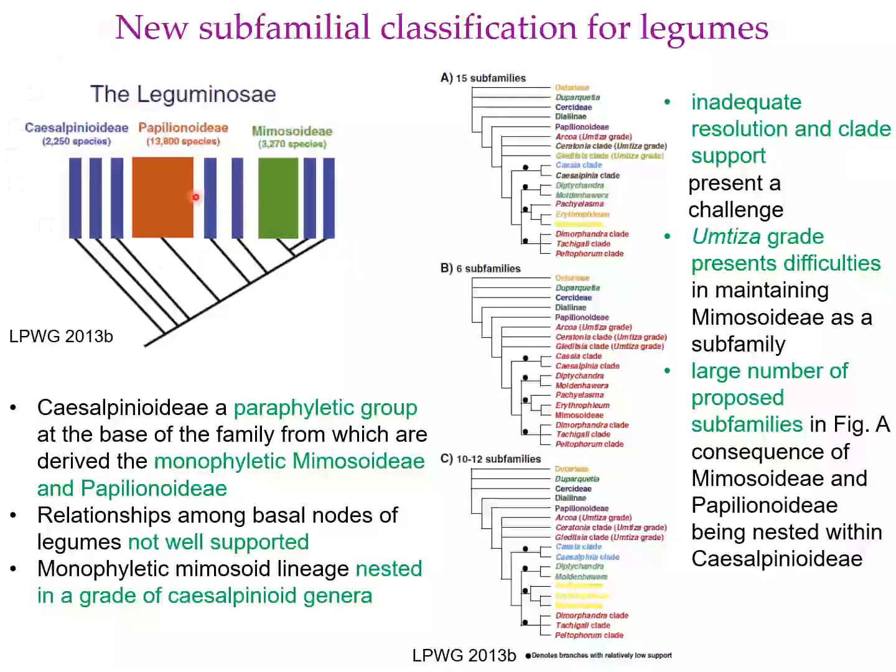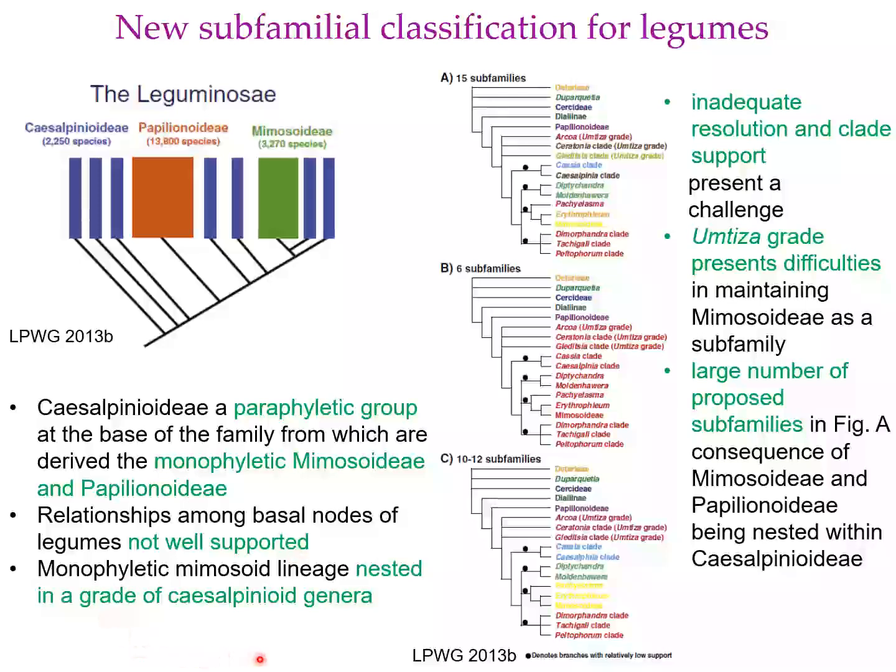And this is what I meant when I said that the other two subfamilies are sitting in a sea of Caesalpinioid species. You can see that there are several what we call splinter lineages, and that we have Papilionoideae and Mimozoideae embedded within. This is what was discussed at the legume conferences and in the papers that we produced as the Legume Phylogeny Working Group, and looking at how to solve this.